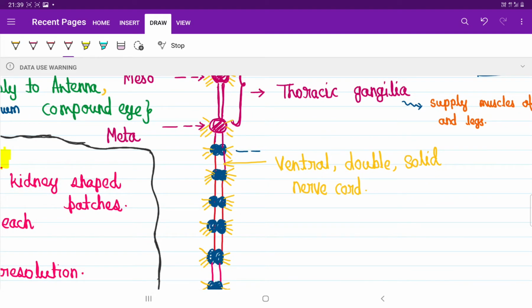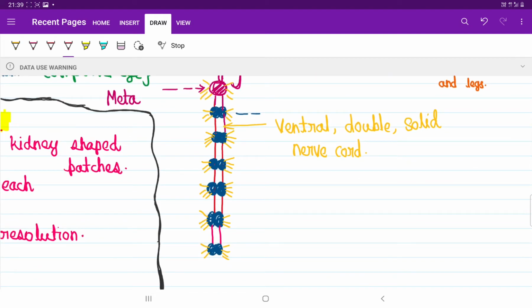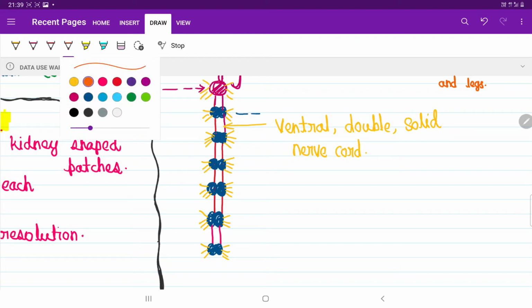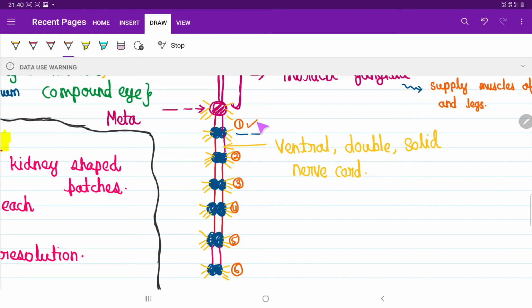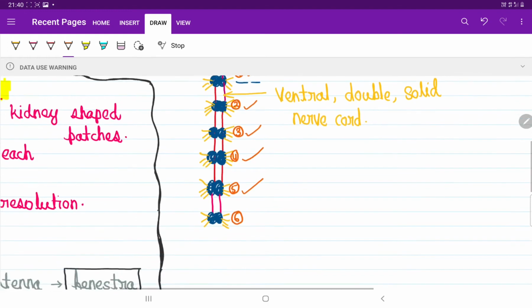Then in the abdominal region, 6 ganglia are present, right? The first ganglion is present in the first segment of the abdomen, the second ganglion in the second segment, the third in the third segment, then fourth, fifth, right? The fourth ganglion is in the fourth segment, the fifth ganglion in the fifth segment.